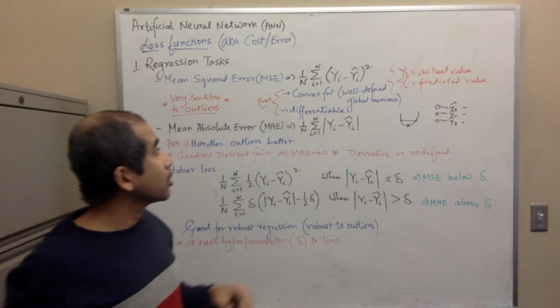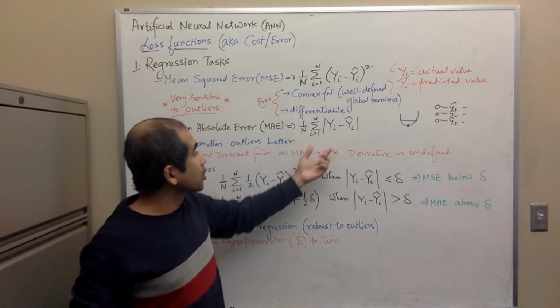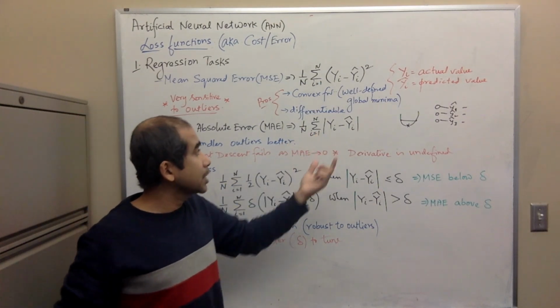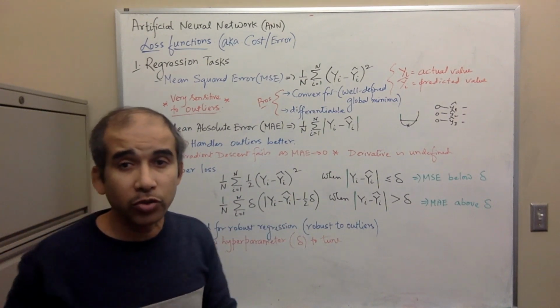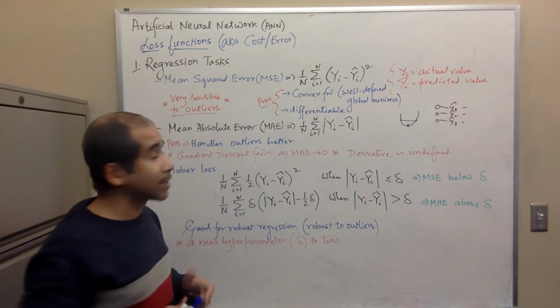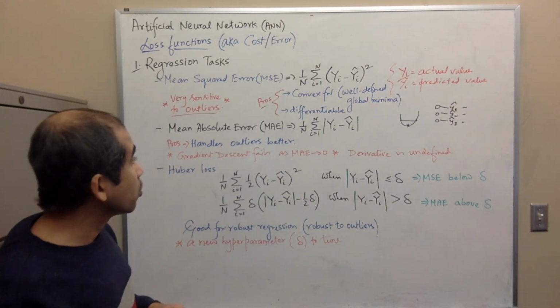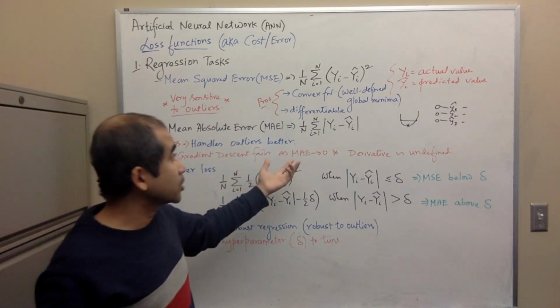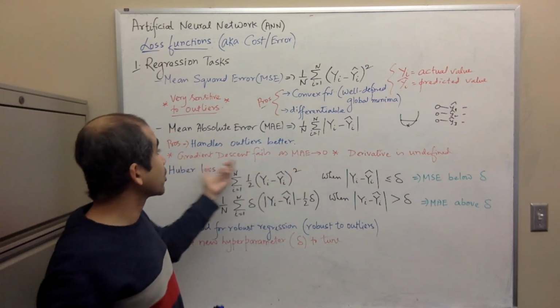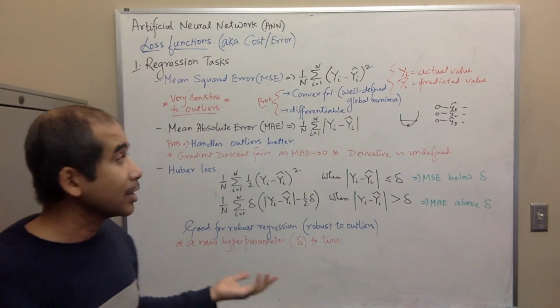When the gap is going to 0, meaning the predicted value comes very close to the actual value, then MAE tends to 0. At that point you cannot take a derivative. It will be undefined at 0. So the derivative fails, you cannot apply gradient descent on it, and backpropagation will fail.